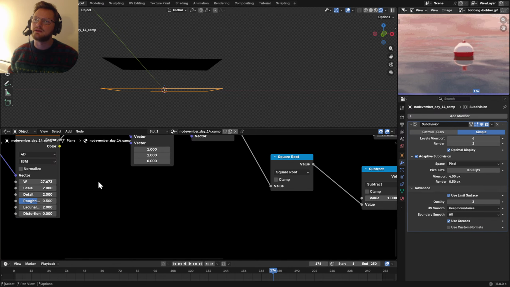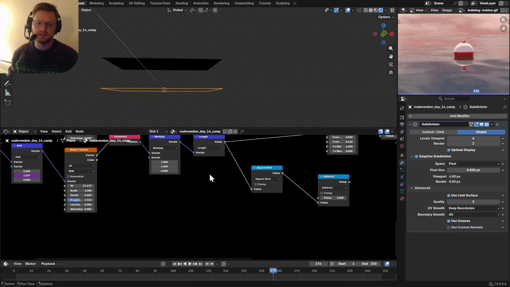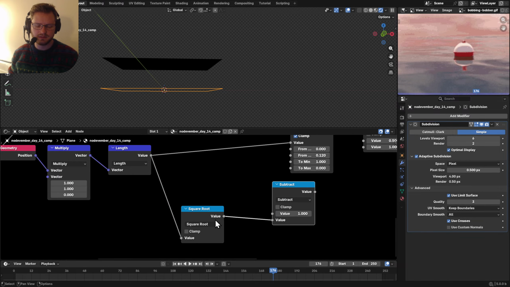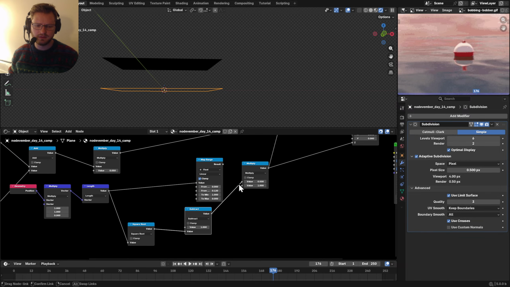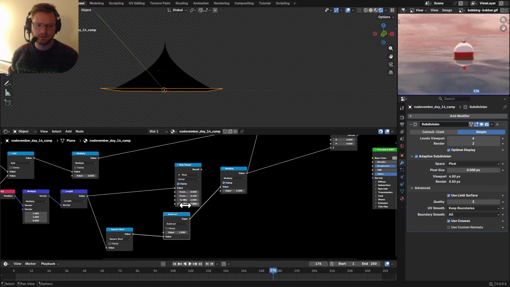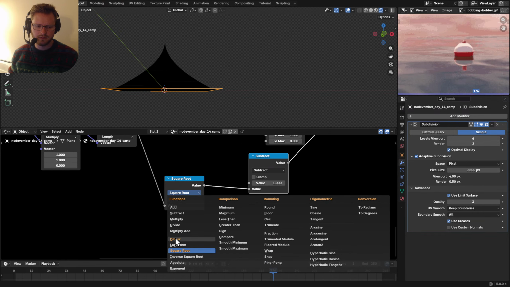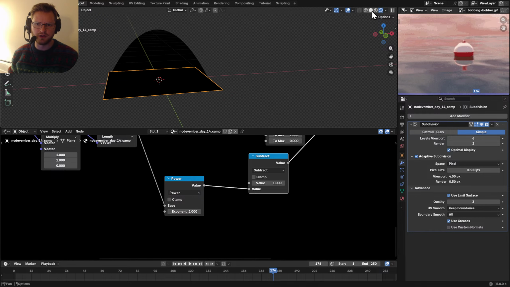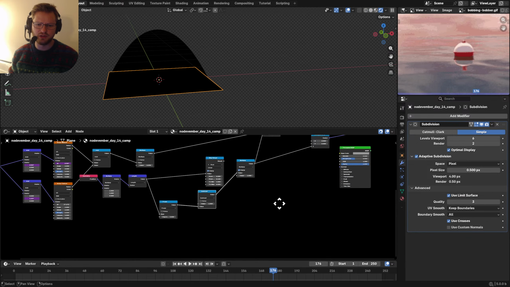Why can I not think of this? So it starts at 1 and then it falls off radially as it goes. So it should be 1 minus the square root of the length, no? Clamped. Okay, that's looking a bit more promising, but that should probably be a parabola.